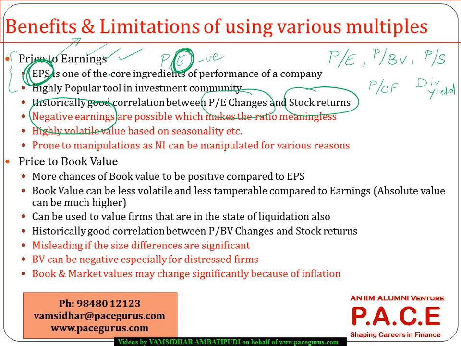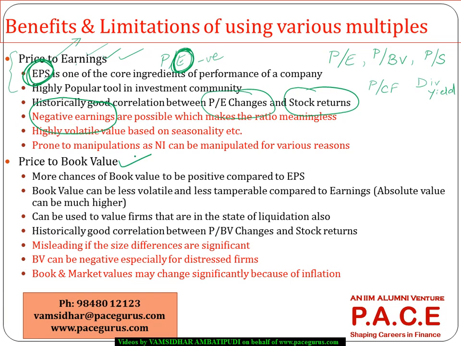They depend very heavily on the estimates provided by the management. So the P by E becomes a very distorting figure under those circumstances. Though it is an easy to use tool, it has problems from the perspectives of ethics and manipulations. All these things need to be thoroughly investigated before using this particular ratio.